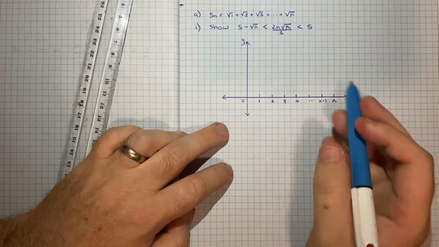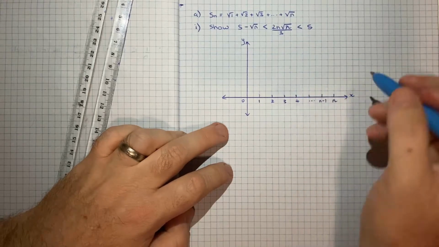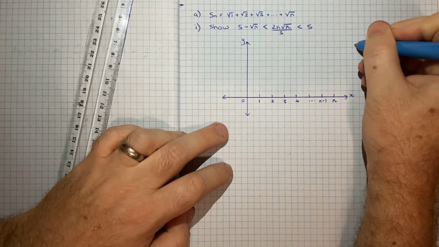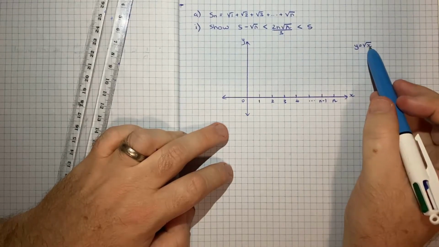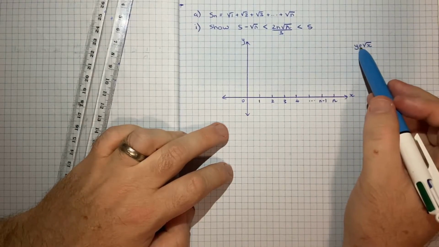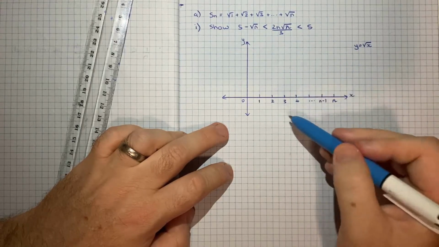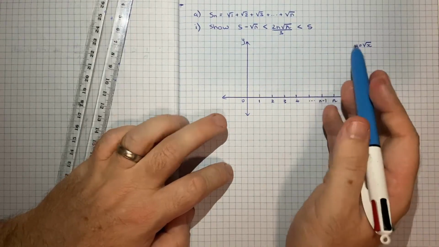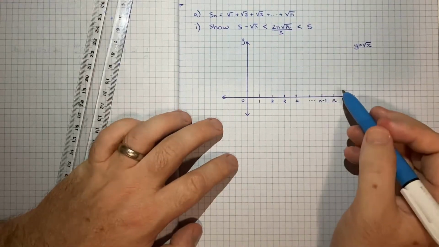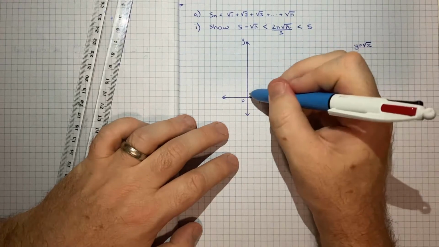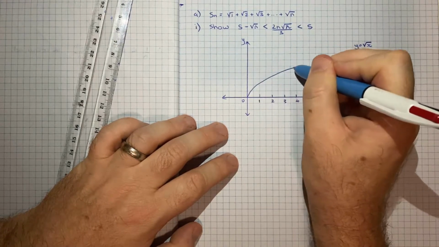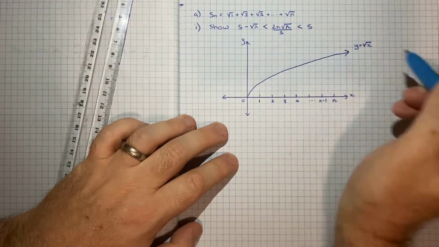And we're told to draw the curve y is equal to root x. If you squared both sides, you'd see that x is equal to y squared. So it's like a parabola but sideways because we're rotating our axes. So I know that if we're only taking the positive root of x, the curve will look something like this.